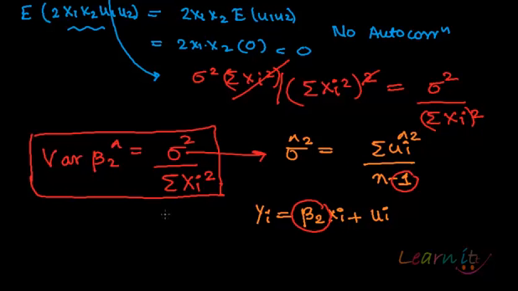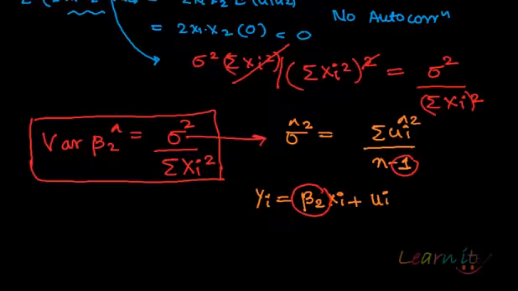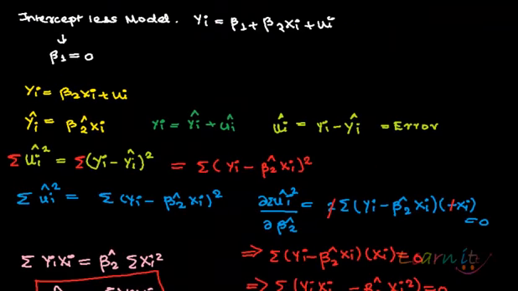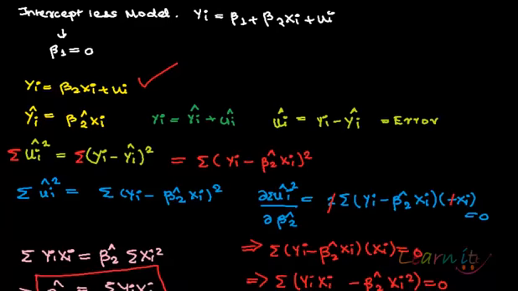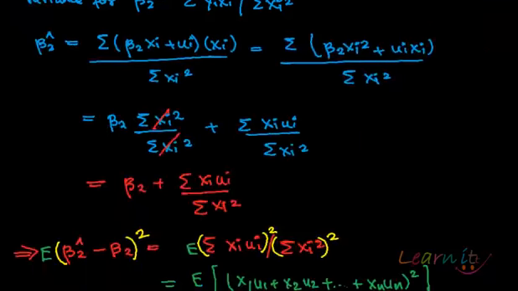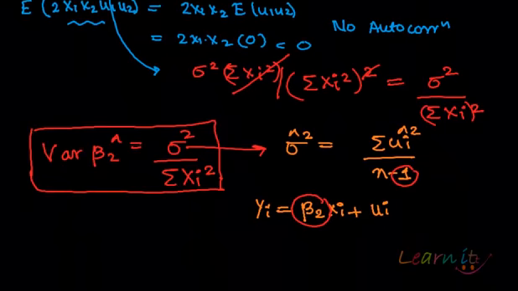One important point is this. Now, there are two important results of this regression through origin model. What we have analyzed till now is that in case of such a model where you have no intercept, this is your estimate of the slope parameter, and this is the variance of this parameter.